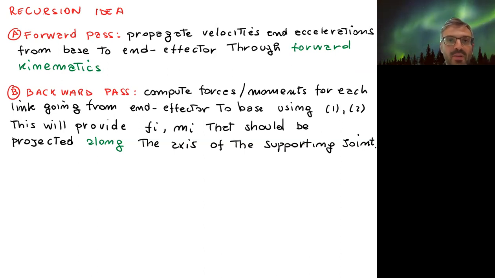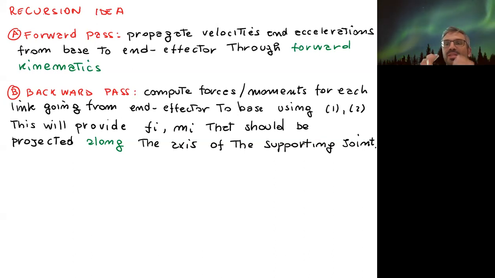Go back to the base using the Newton-Euler equation that we computed, that allows you to relate the forces and moments at link I to the forces and moments at link I plus 1.